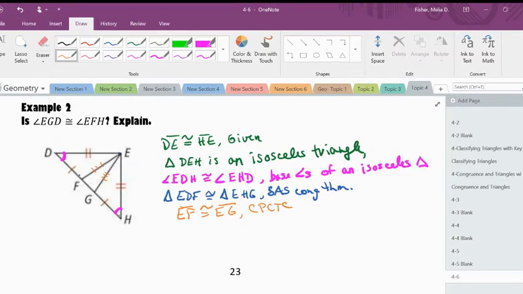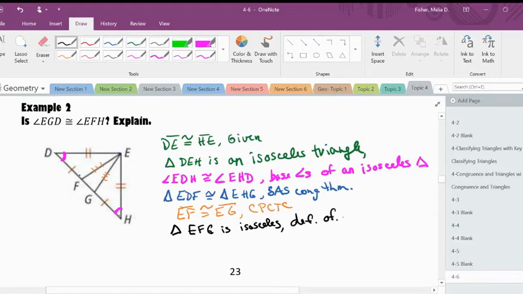I can also say that triangle EFG is isosceles, and that is the definition of isosceles triangles. So then we can jump to the next conclusion, which is that this angle and this angle are congruent, which is what we were looking for.